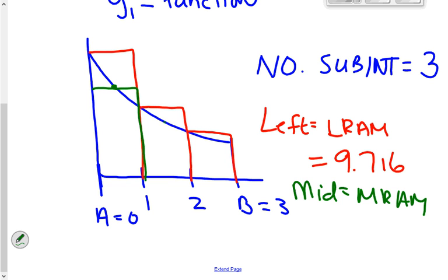So these are going to look like that. And what do we get? Okay.